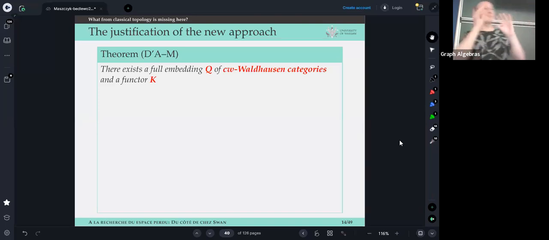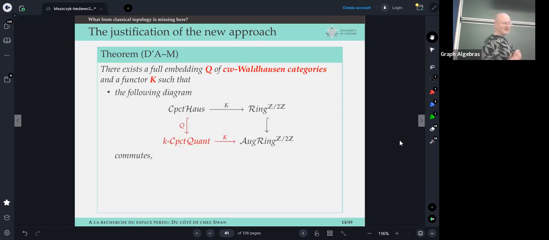So Q means passing to some non-commutative realm of CW Waldhausen categories. So this is the notion you know from Francesco's talk. And a functor K, red K, such that the following diagram commutes.